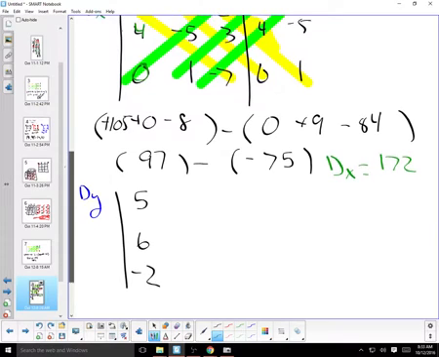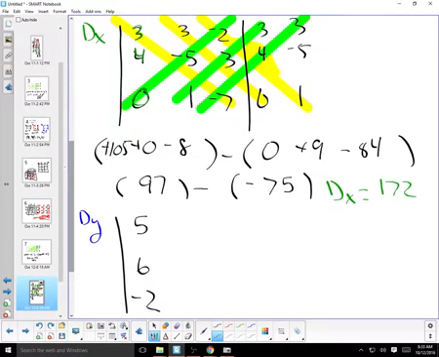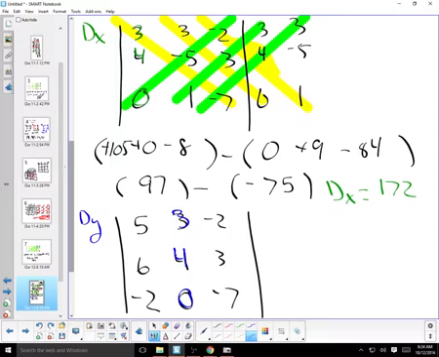And then we're plugging solutions in for D sub y, so the y column becomes 3, 4, 0. And then z column should still be -2, 3, -7, correct? Okay, so in this scenario, D sub y has the so-called answers in its column, and all the others should be the original values. Okay?